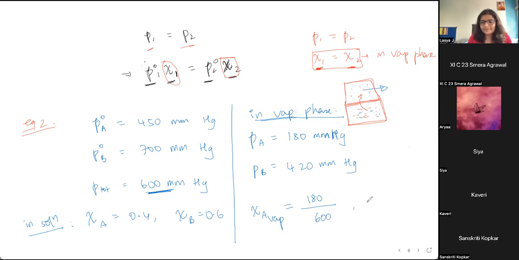And similarly, you can figure out mole fraction of B in vapor phase also. 420 upon 600. Calculate कर लो, मिल जाएगा. 6 3s are 18, so 3 by 10. This is 0.3 and this will be outright 0.7.